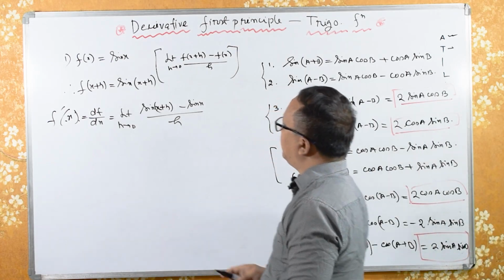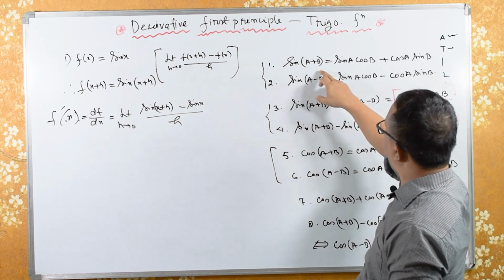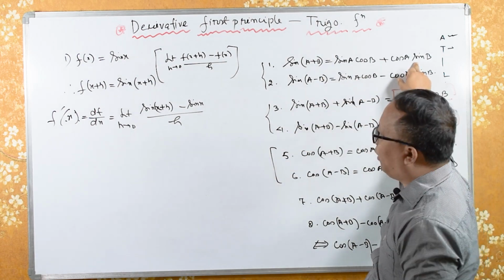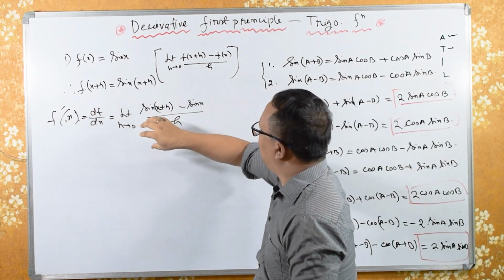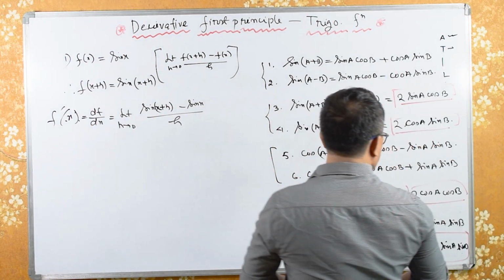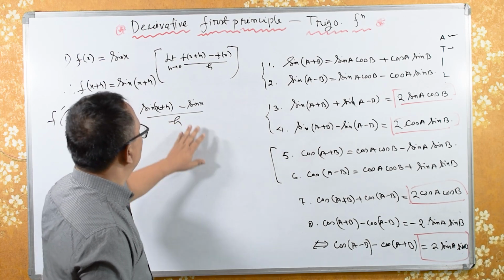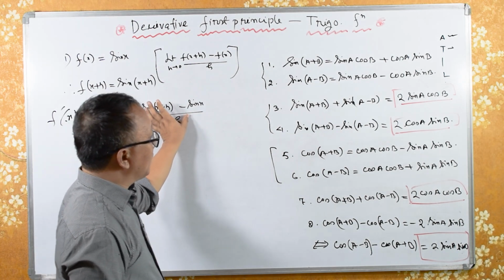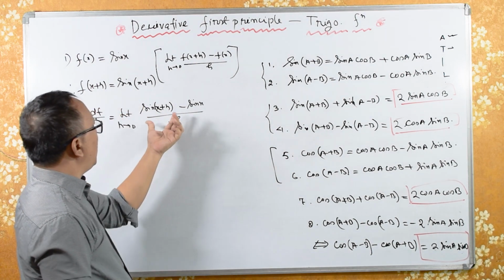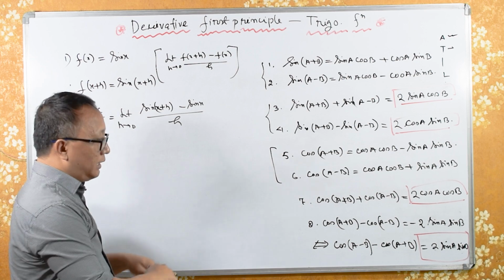Either you can expand this sine a plus b by the formula, or you can consider this as sine a minus sine b and apply that formula. Let's see two ways.